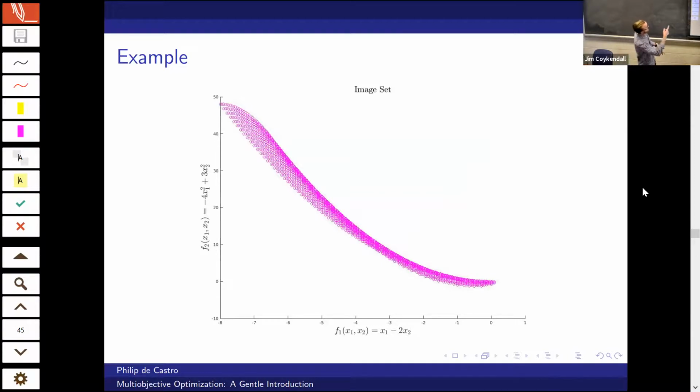We have a nice little curve, and remembering our result that the Pareto set is always on the boundary, we can already see where the Pareto set should be: right here, the southwest edge, all the way down to probably about here.